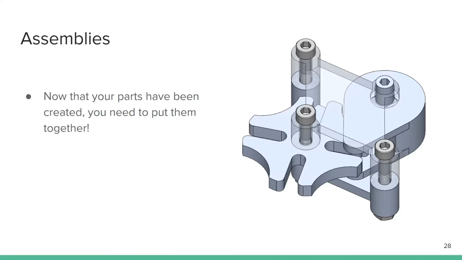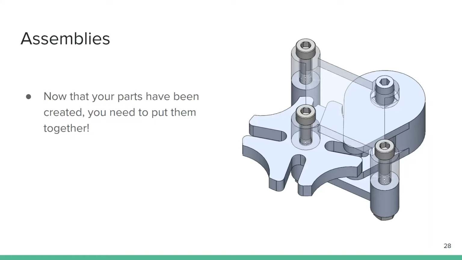In this case, you'd create a new assembly and insert your individual parts, and they are all in relation to each other. So one will be fixed in space, and everything else will be related spatially to that fixed part.